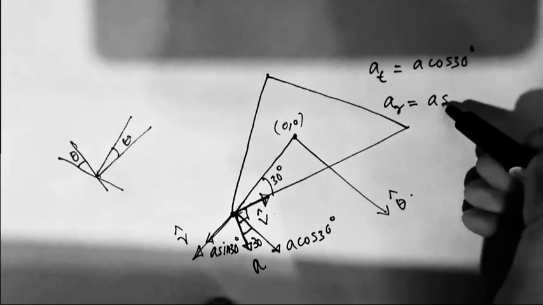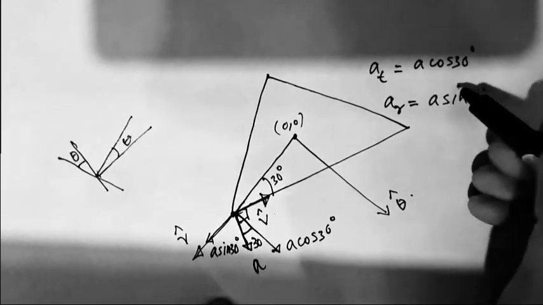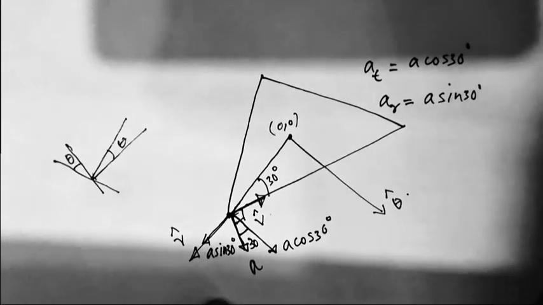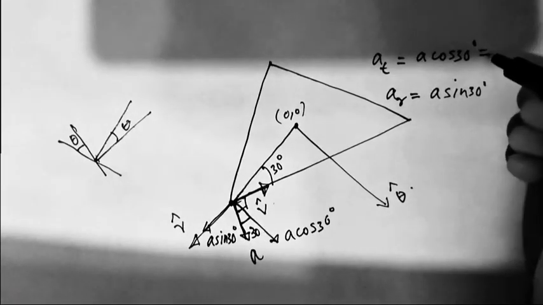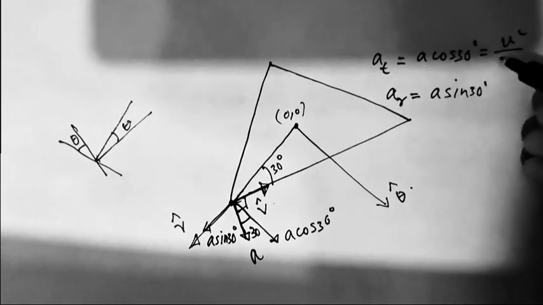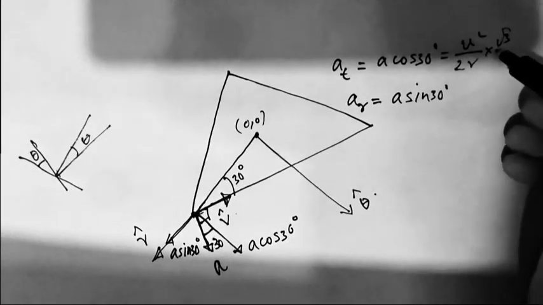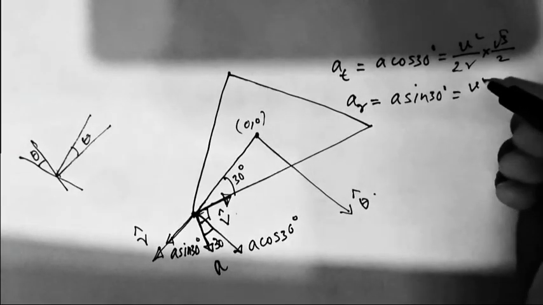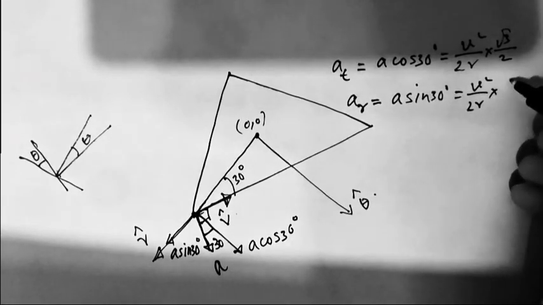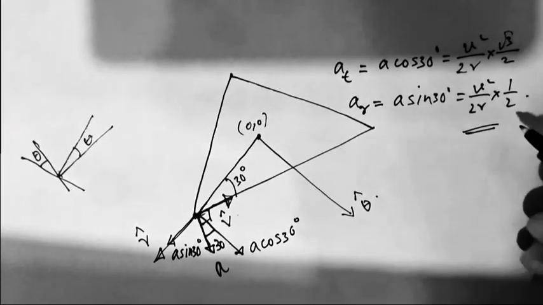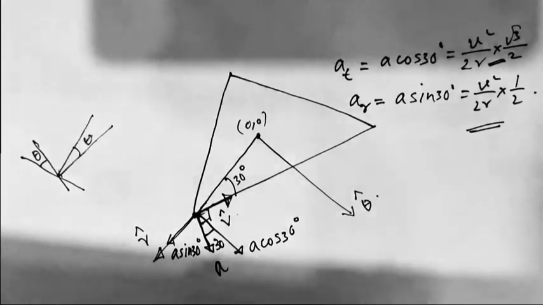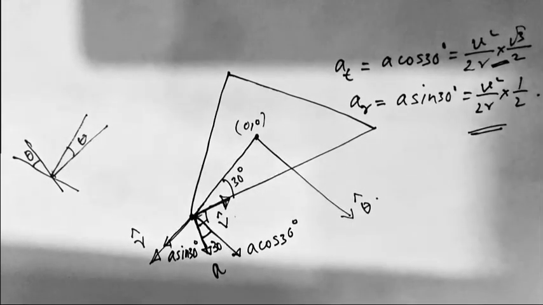So radial acceleration will be A sine 30, right? So if I show you, A was v square by 2r, cos 30 is root 3 by 2, and v square by 2r times sine 30 is half. So this is your radial acceleration, this is your tangential acceleration. Okay.